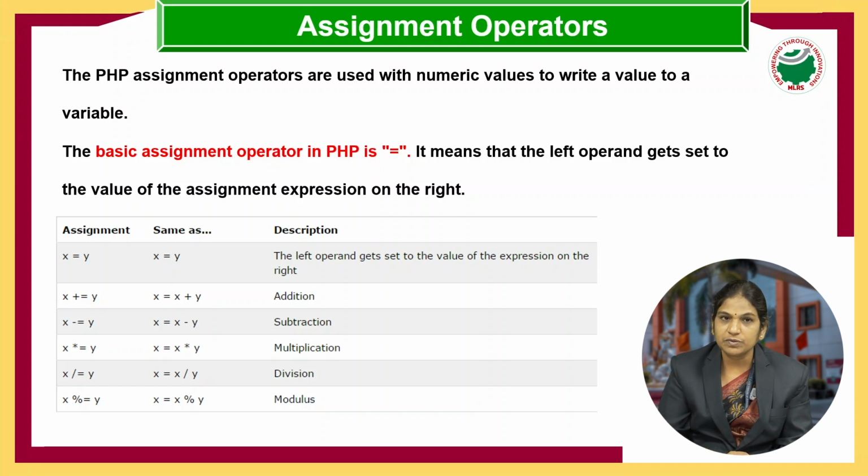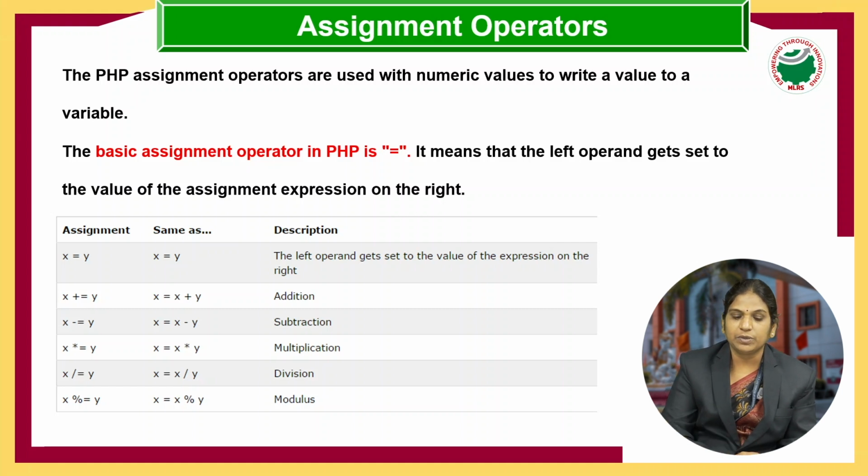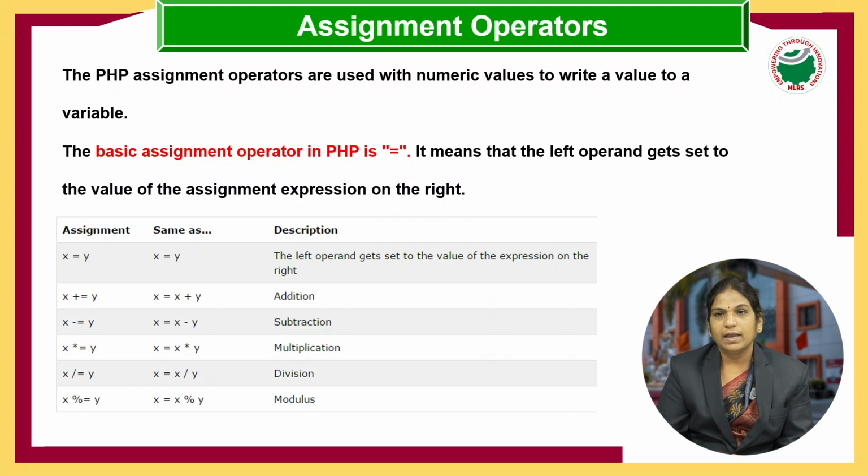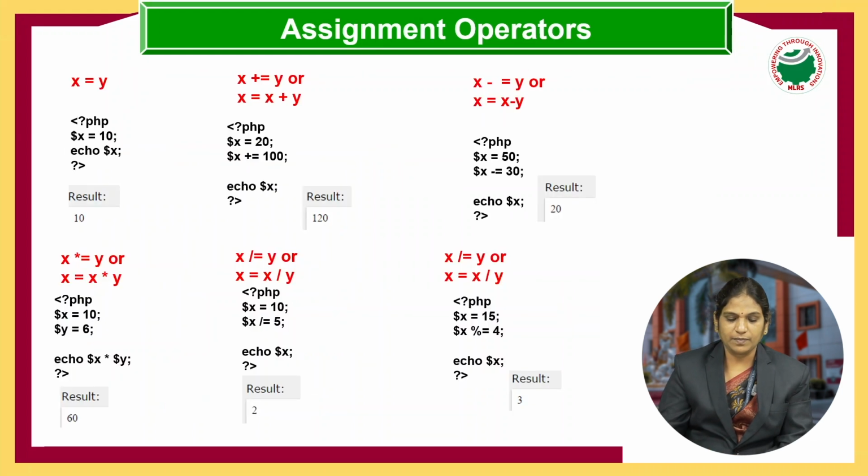So we can use the assignment operator to write arithmetical operations in short form, but the main purpose is that the value on the right side is assigned to the variable on the left side. A simple example: in PHP, $x equal to 10, echo $x. So the value 10 is stored inside the variable $x and the output will be 10.